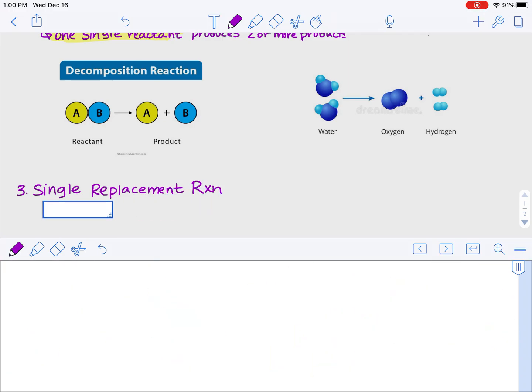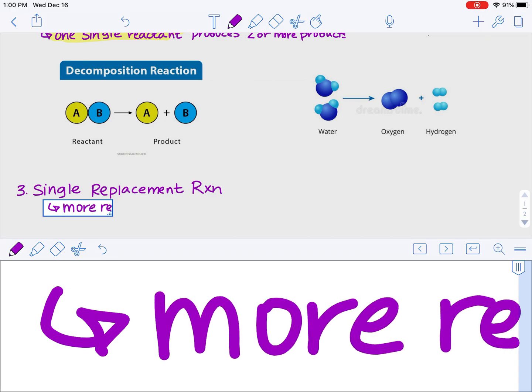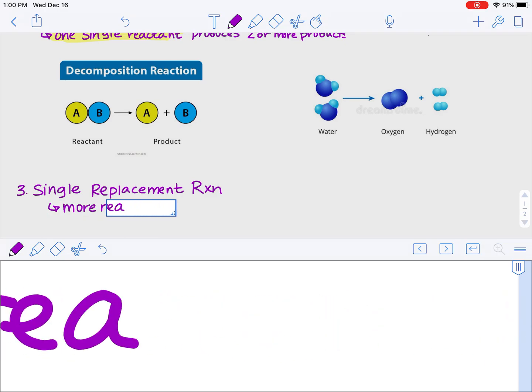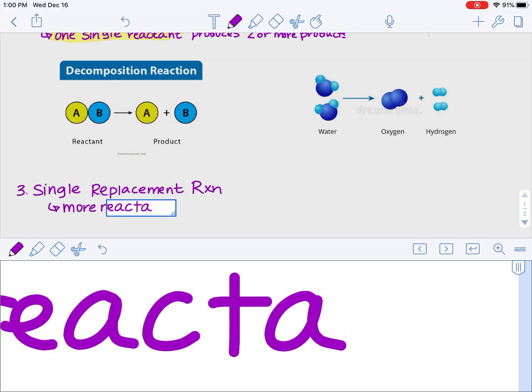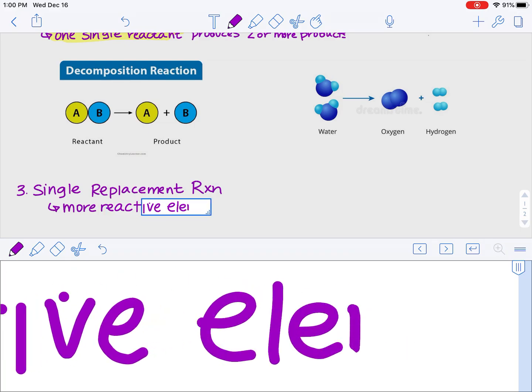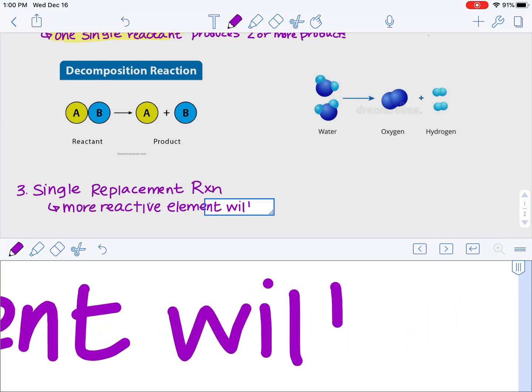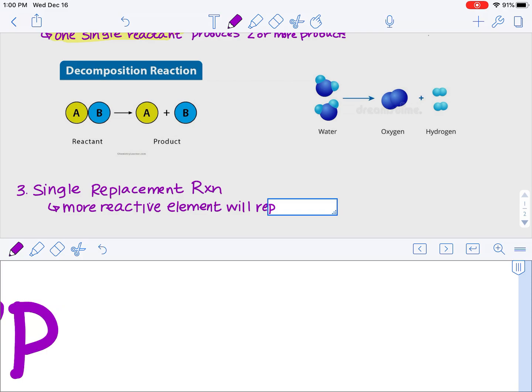The idea behind this is that a more reactive element will replace part of a compound.